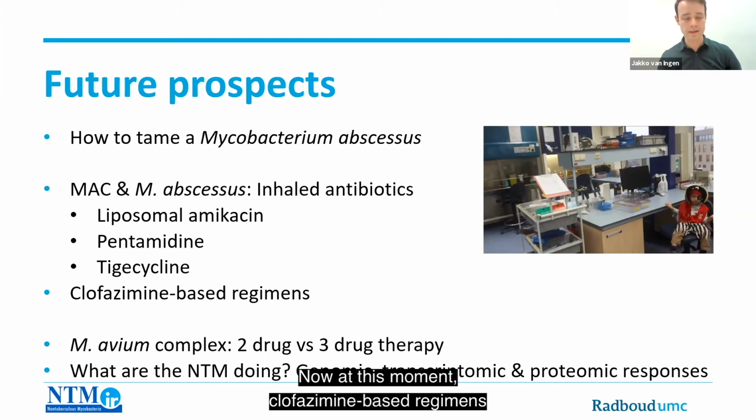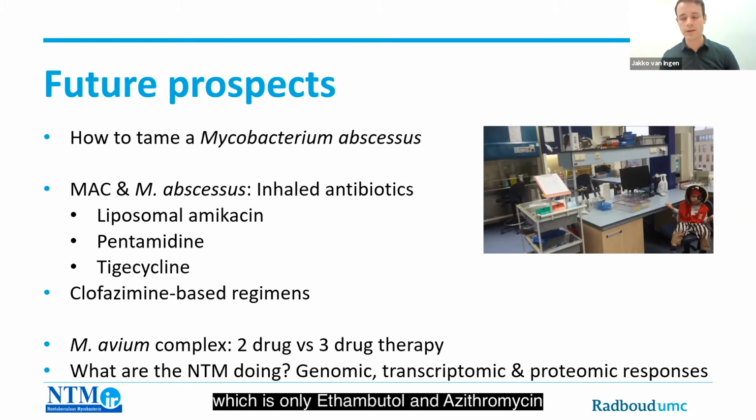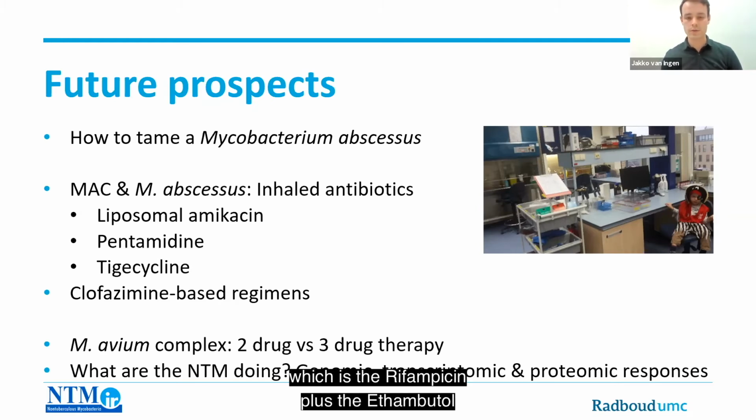Now, at this moment, clofazimine-based regimens are being tested in clinical trials, so that is really something to look forward to for us. And for MAC, we also want to test a 2-drug regimen, which is only ethambutol and azithromycin, versus the 3-drug regimen, which is rifampicin plus ethambutol plus azithromycin.